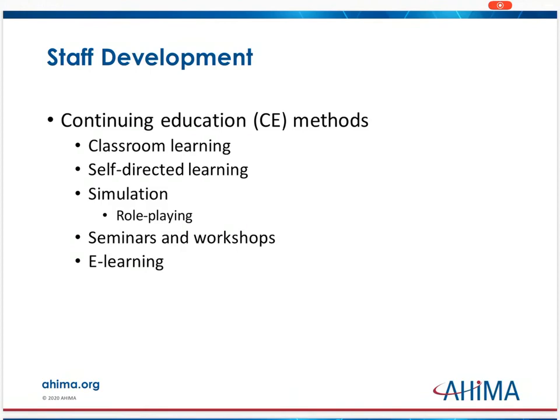Both require an applicant to pass a certification exam, and both require participation in continuing education. You'll learn, if you haven't already, that to maintain your RHIT credential, you're going to have 20 hours of continuing education every 2 years.